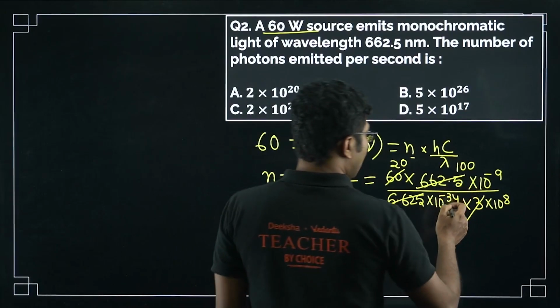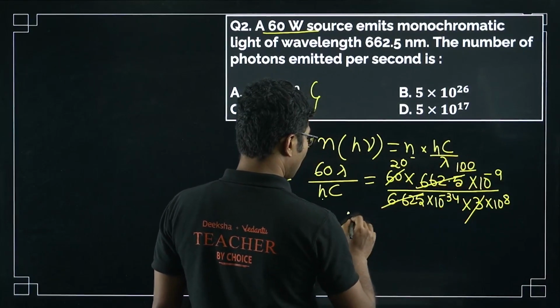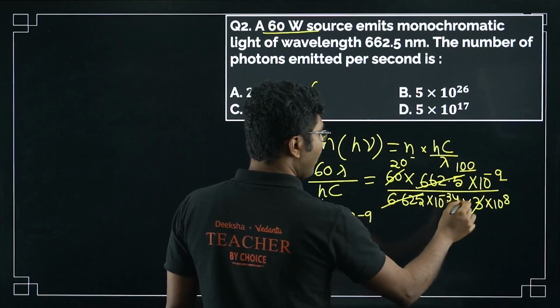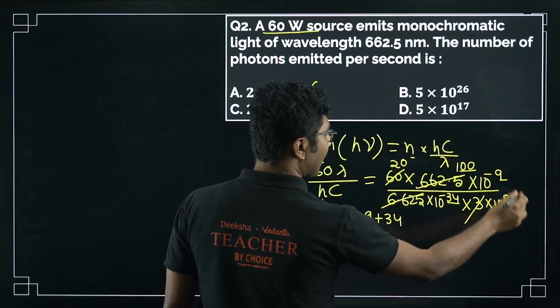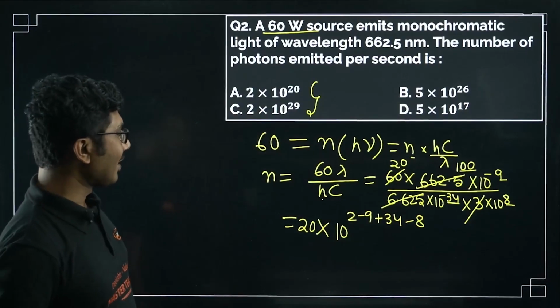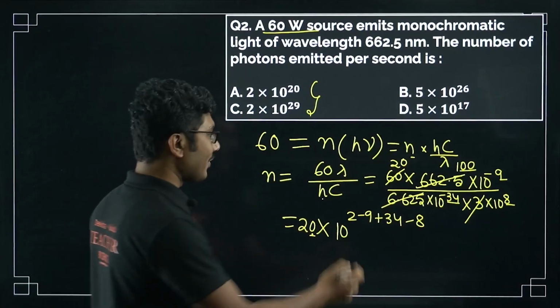There is 10 to the power of 2 here, and minus 9 over here. Minus 34 goes up and becomes plus 34, and plus 8 goes up and becomes minus 8. So what is the value over here? There is also one more 0 over here, which we will take care of after we find the value.